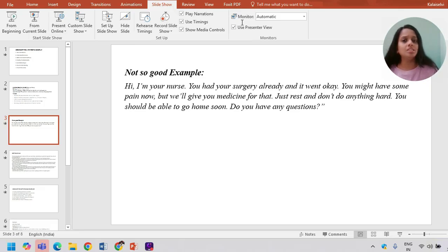Language like, okay, some pain, and go home soon is very vague, and these words are not patient centered at all. No check for understanding. You're not asking any open ended questions, and you are not asking whether the patient has acknowledged what you told. No personalized explanation. So, this is not a good example.